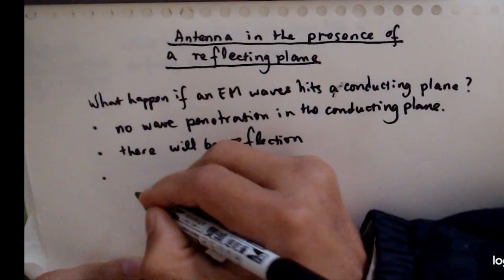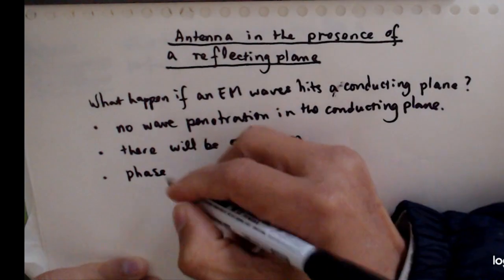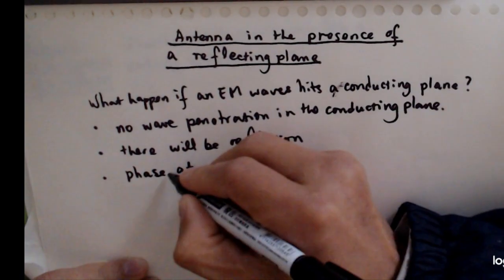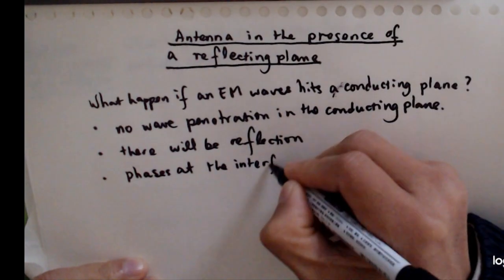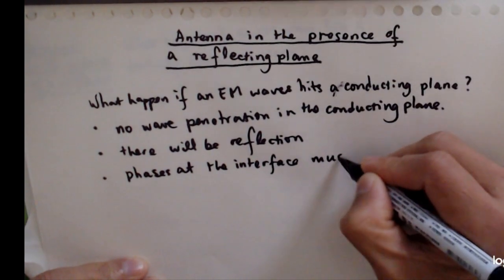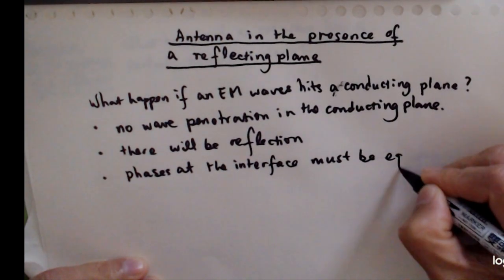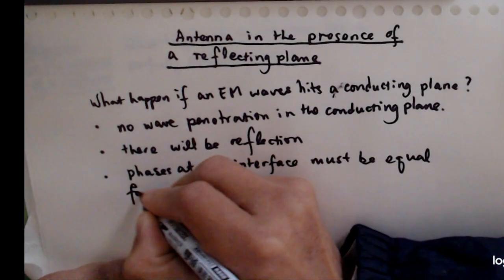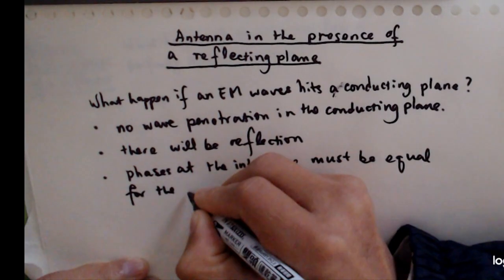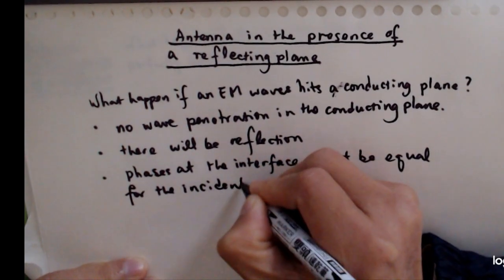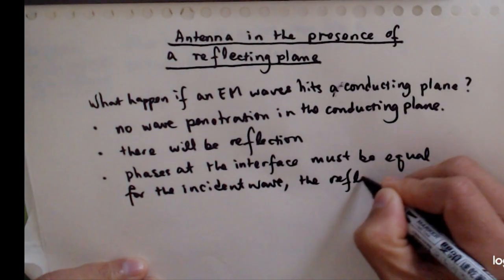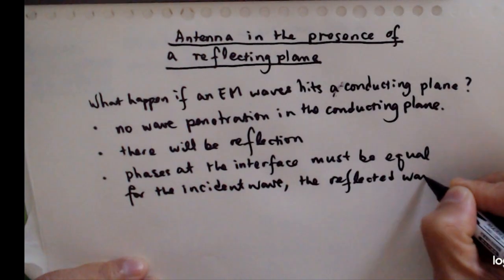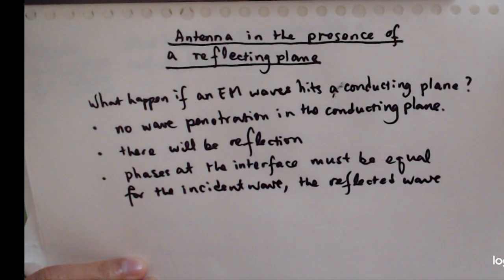So the phases at the interface must be equal for the incident wave and the reflected wave, because there is no wave penetration, so we have shown the transmitted wave does not exist.